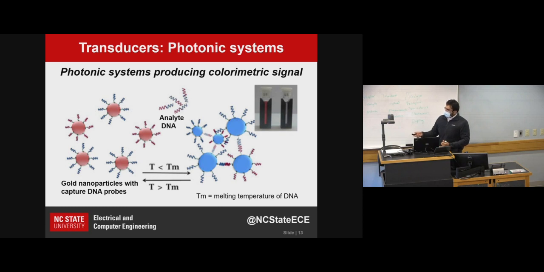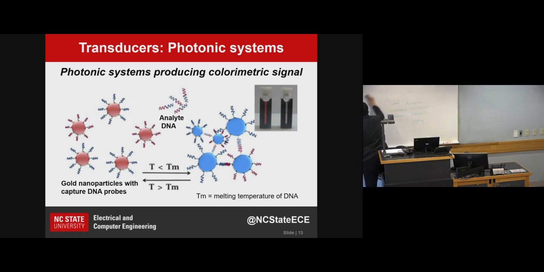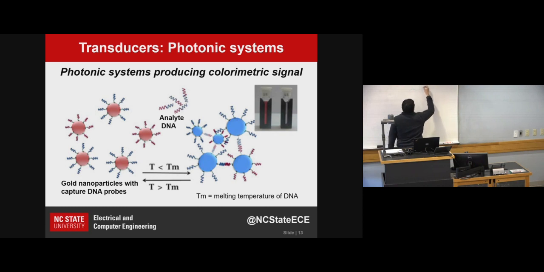Okay, so I want to simplify this a little bit, so let me just take a simple example here. Let's say you want to detect a DNA, and from our last class, we know that the DNA is made of 4 bases, right?